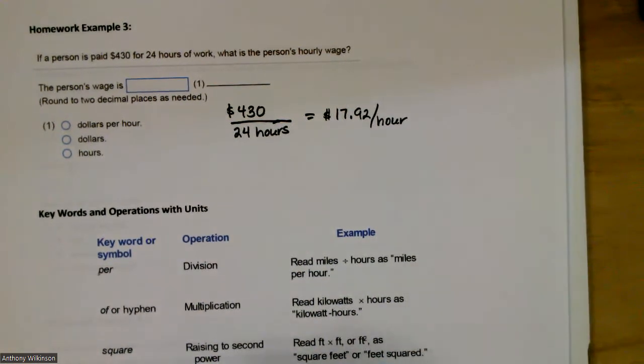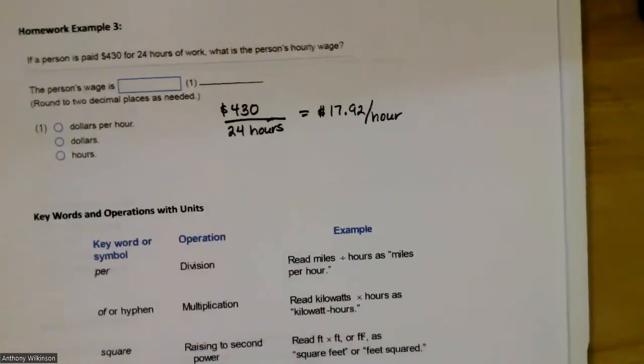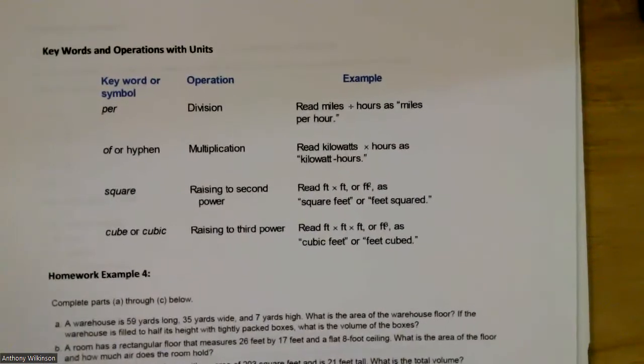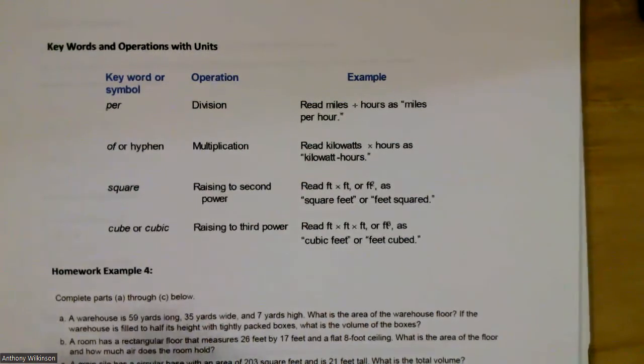All right. Now here we're going to look at some keywords and operations with units. And we talked about a few of these already. Like the word per, the operation for that would be division. So in this case here, miles divided by hours will be read as miles per hour.